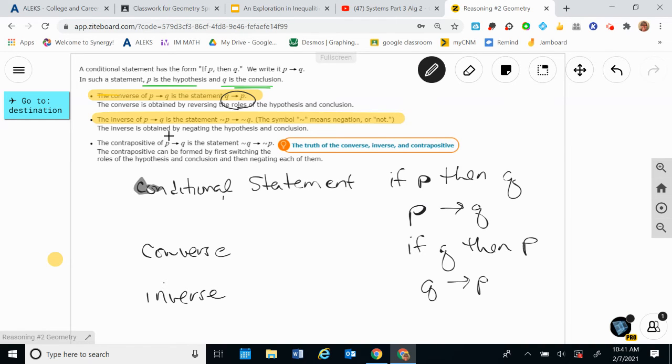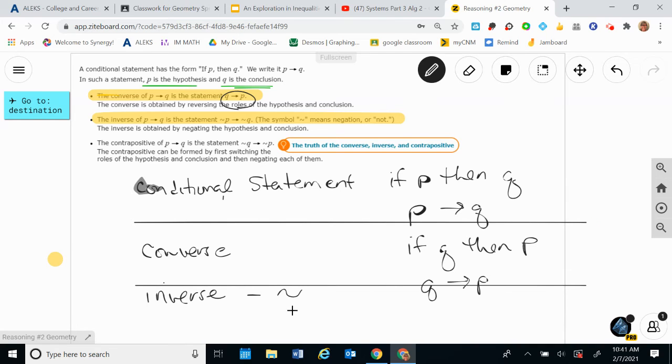The inverse of if P then Q is the statement, if not P then not Q. So the inverse is basically making everything a not. It should be like this, you guys. Inverse means if not P, then not Q.